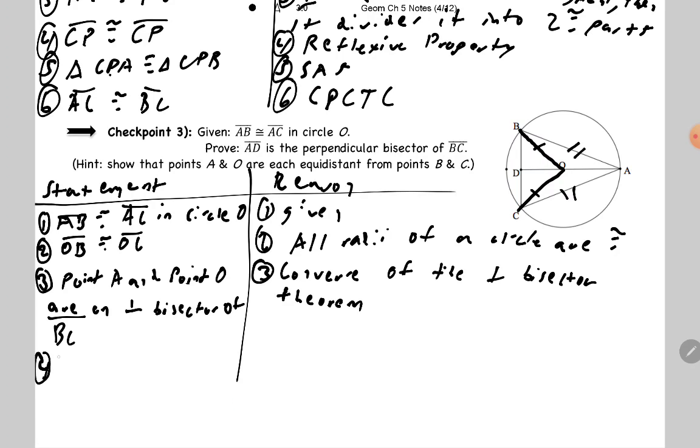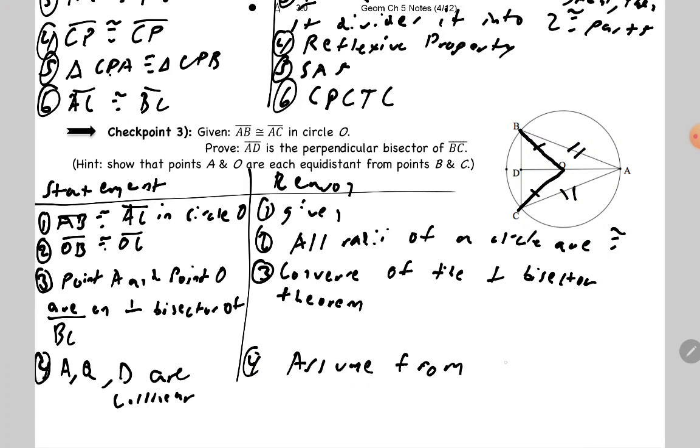So now I can say, so I need to show that A, O, and D are collinear. And the reason why I need to show that they're collinear is because I need to show that they're on the same line. So that's given in the diagram. We're able to assume collinearity from diagram.